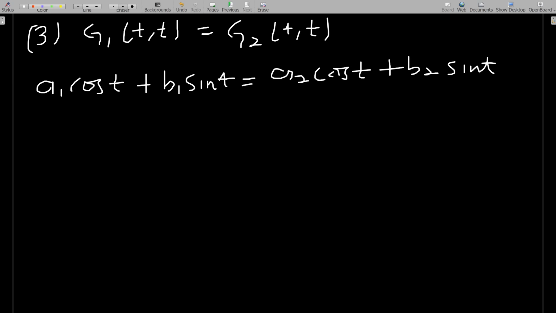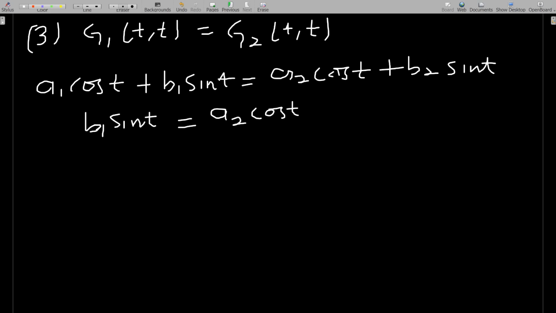Now I realize that a1 is 0 and b2 is also 0, so you can put it there and get b1 sine t should be equal to a2 cos t.